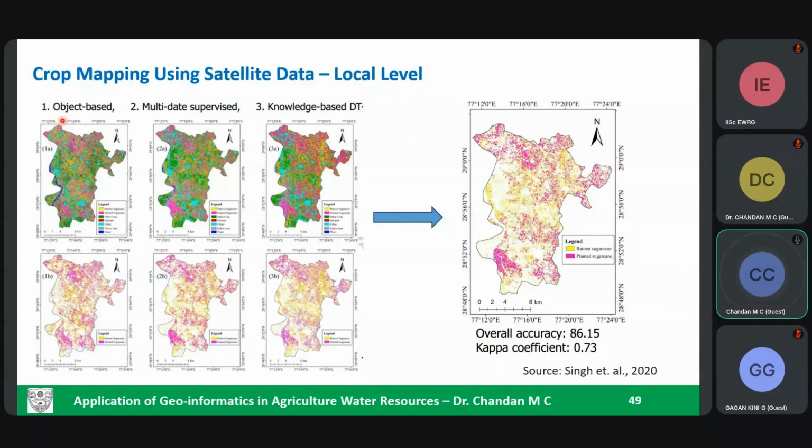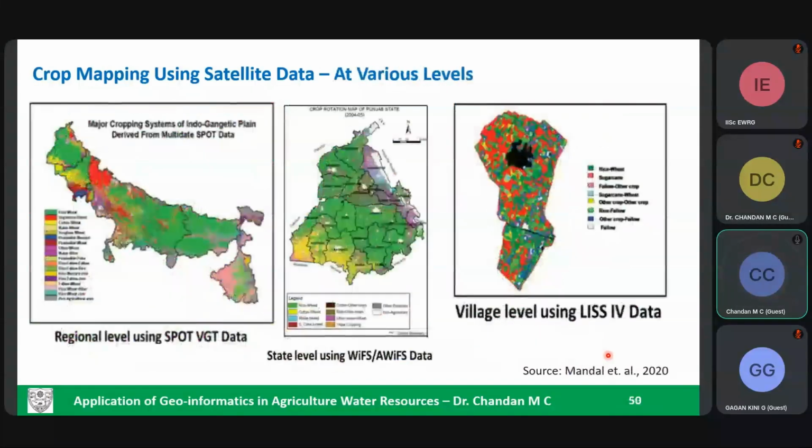Basically here the object-based classification, multi-date supervised classification, and the knowledge-based decision trees, out of which the decision tree is giving the better result for sugarcane crop with overall accuracy of 86% and kappa coefficient of 0.73. And at village level especially, we need extremely high resolution data.